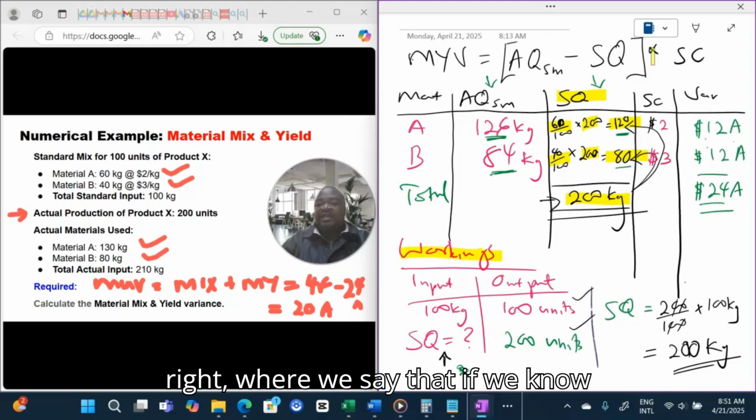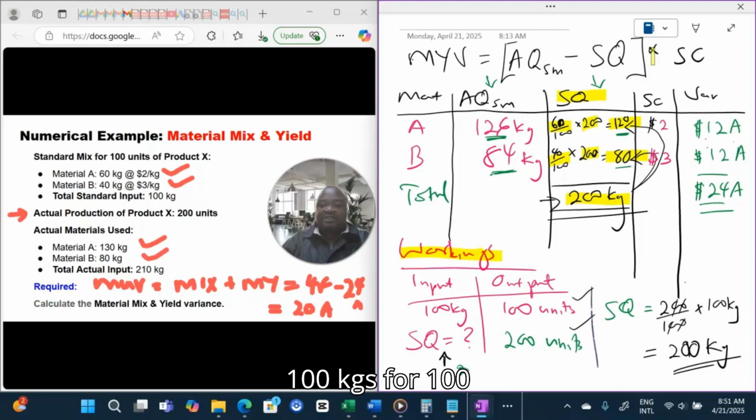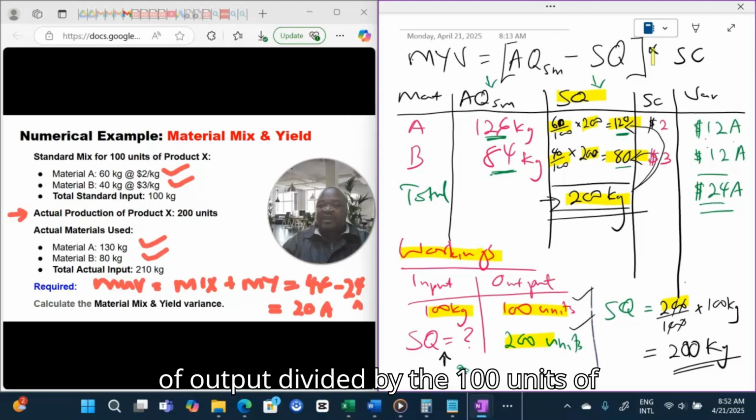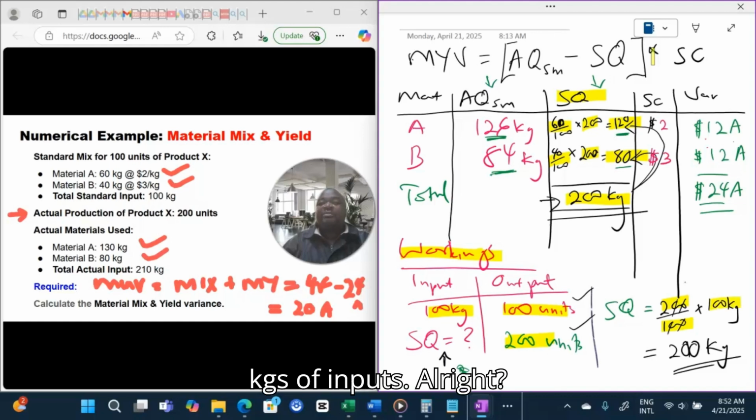Where we say that if the standard was 100 kgs for 100 units, then obviously to produce 200 units of output, we need 200 units of output divided by the 100 units of output multiplied by the 100 kgs of inputs.